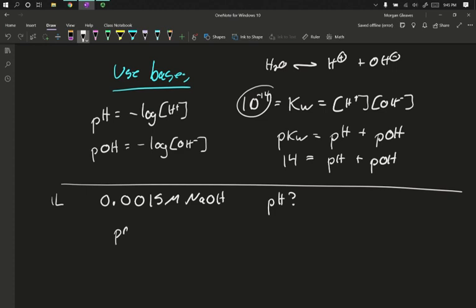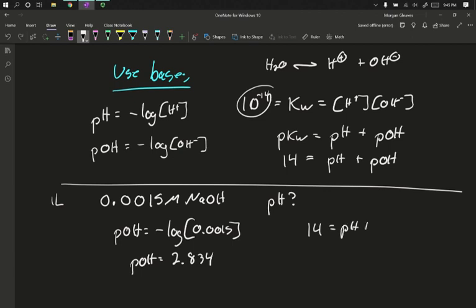Well, the pOH is negative log of 0.0015 molar hydroxide. That will give us a pOH of 2.824. So if we want to solve for the pH, 14 equals the pH plus 2.824.